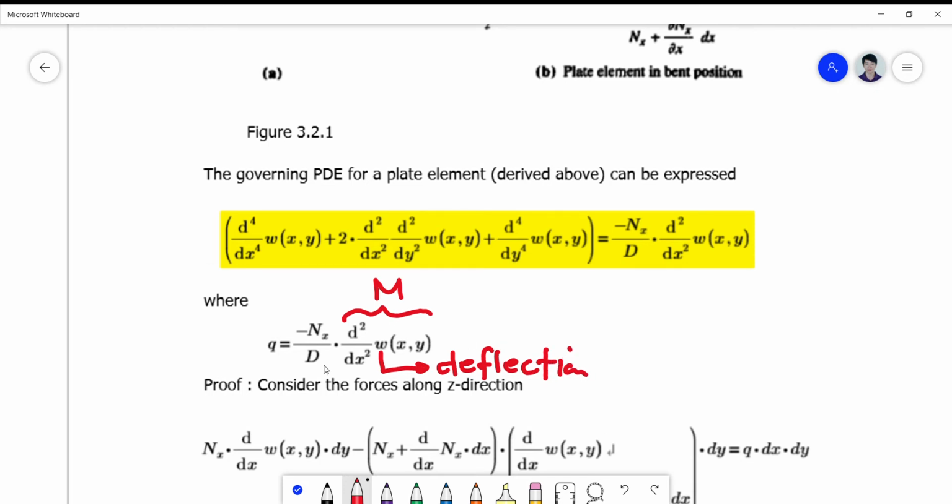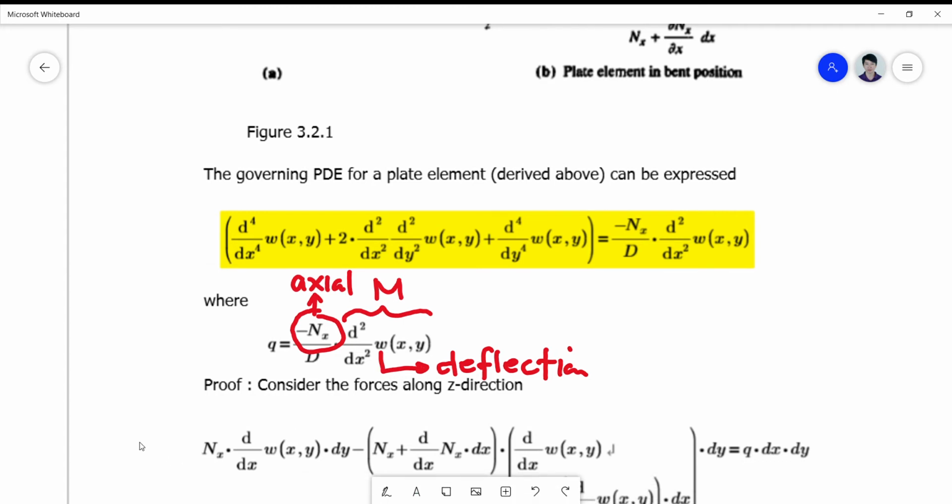And since M over EI is simply a measure of your curvature, this is unitless, dimensionless, such that your Q is actually induced by an axial force rather than a transverse load. So the only difference with this plate buckling is that your load is no longer a transverse load, but an axial load.